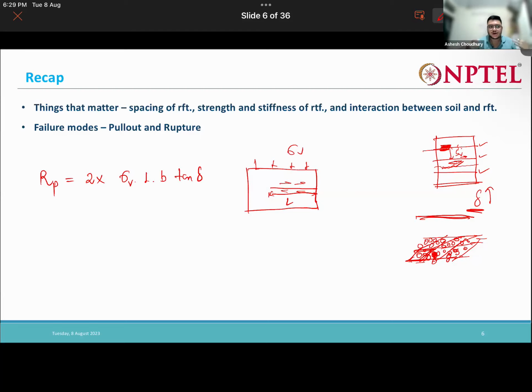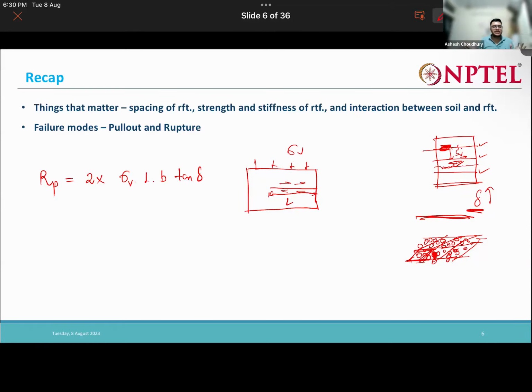So how can we determine this? You must be knowing our direct shear tests, right? From the direct shear test, we find out the c and phi value of soil, by shearing the soil over a predefined failure plane.